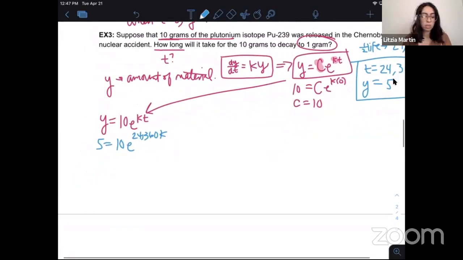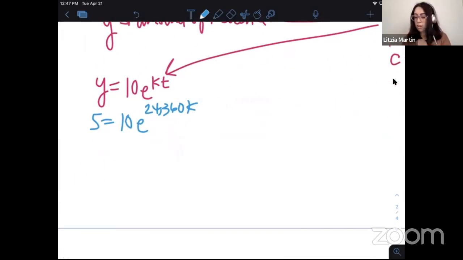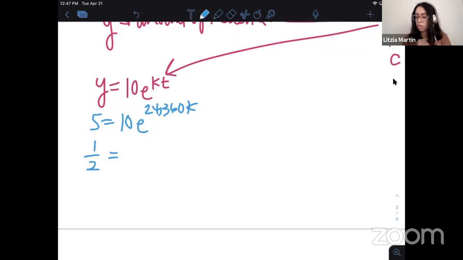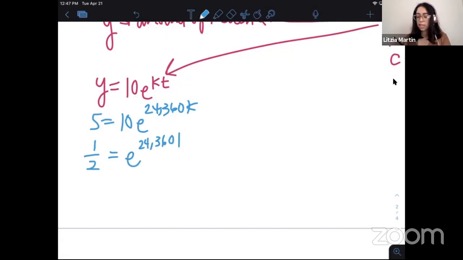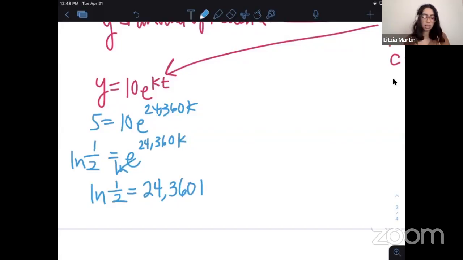So first step is we will need to divide by 10. So that'll give us 5 over 10, which is 1/2, equal to e to the 24,360k. To eliminate the e, we need to take ln of both sides. So that goes away. We're left with ln 1/2 is equal to 24,360 times k.